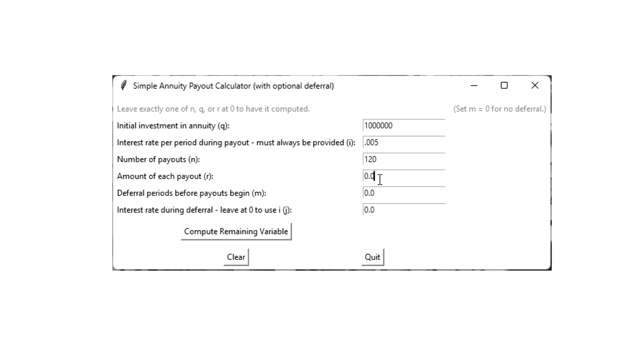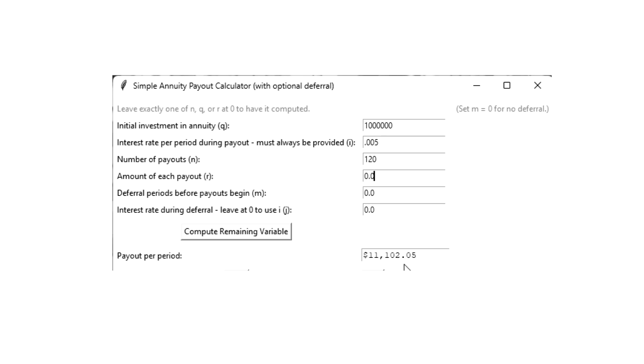The amount, let's leave that out. You have to leave one of these blank, so let's leave that out, and let's leave the deferral periods at 0, as well as this number here. I'll show you an example where you have a deferral, but let's just put these 3, and then we'll see how much we can get per month over the 10 years.